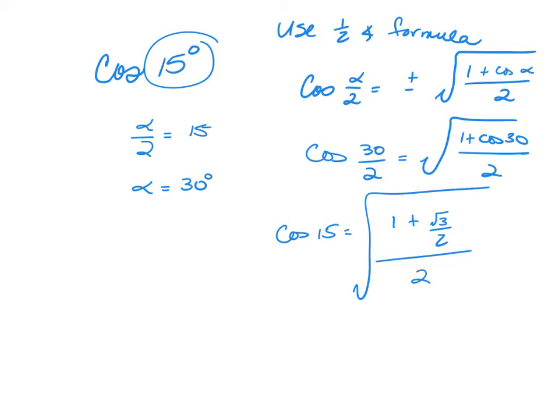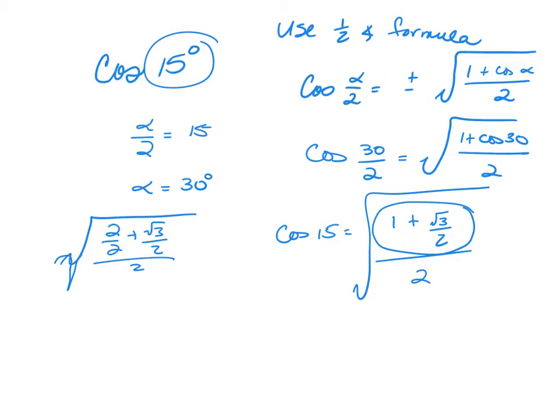Okay, so here we need to combine this into one fraction before we can continue. So we have this radical here. And 1, if you make a common denominator of 2, is 2 over 2 plus root 3 over 2, all over 2. Everybody see that? And this radical is for everybody.